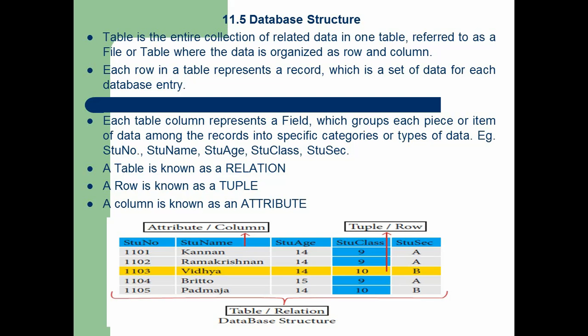If you take any tuple, you can see a complete record of a person. So these are the three important terms which we use in a database. The attribute is the alternative name for column and tuple is the alternative name for row. It may be called a record because a tuple shows a complete record of a person. An attribute shows a piece of data of any table. A table can be called a relation in database structure.